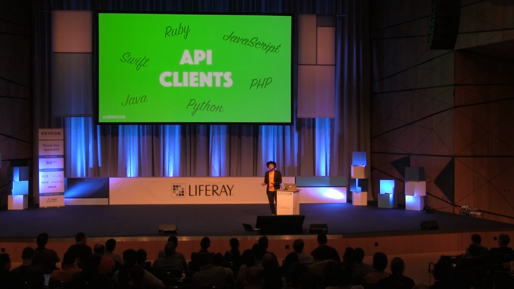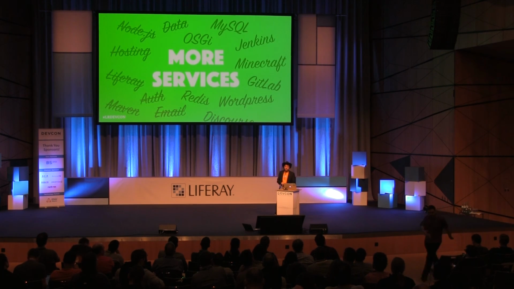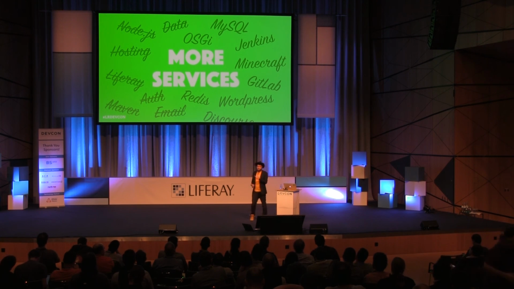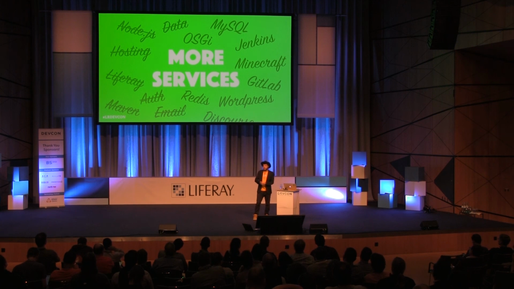And for the API clients, I showed the JavaScript API client, but what about iOS devices? What about Android? We can have APIs for Swift, for Android, for Java, Python, anything we want. And also more services. We have Node.js nowadays, we have hosting, we have Liferay, we have Ruby, we have many things. But maybe we can have a MySQL service that you can put out there and we can scale that for you.